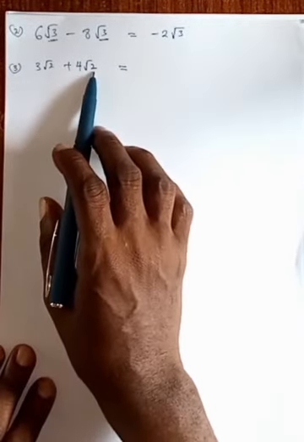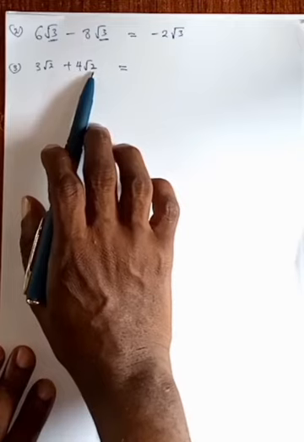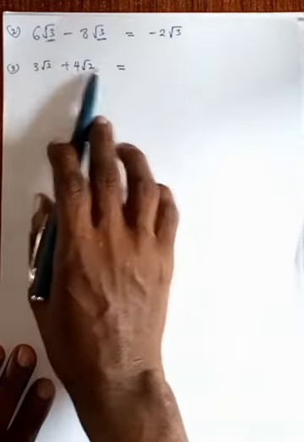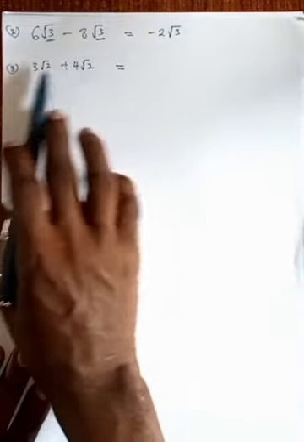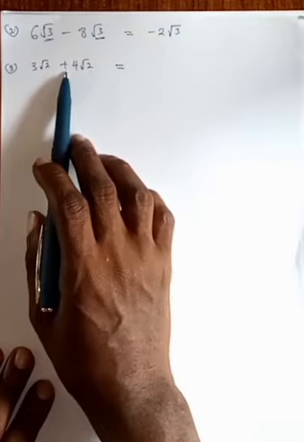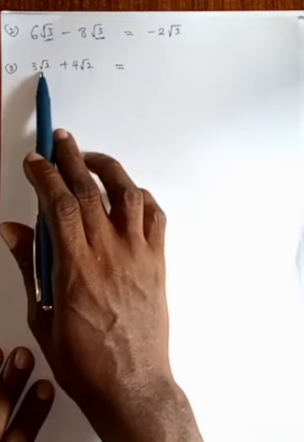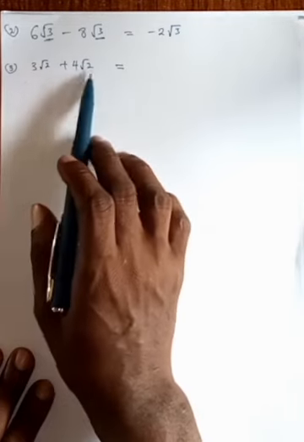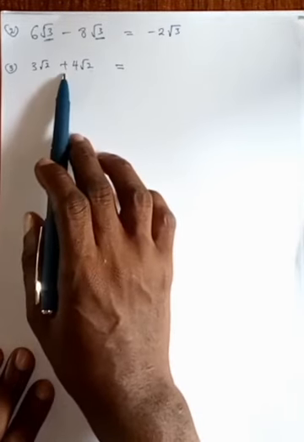So once it is in its basic form, then the next thing is to think whether we can add the two expressions which we have here. And we can see that addition is also possible because this surd is similar to this surd. If this surd were different from this surd, addition would not be possible.